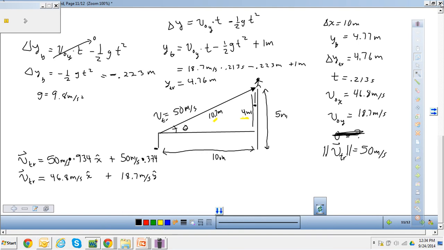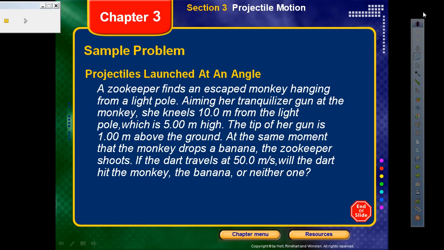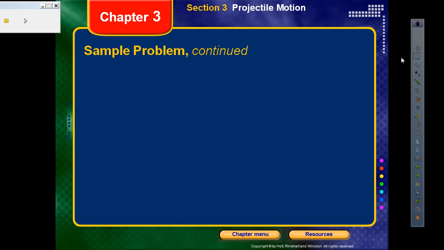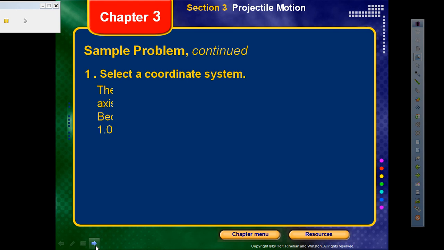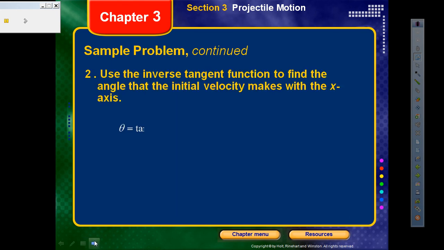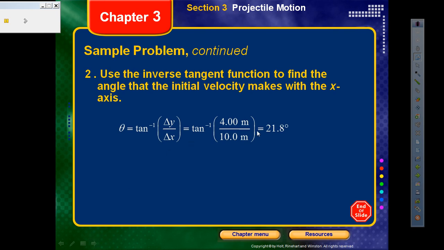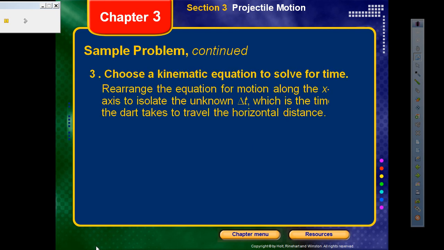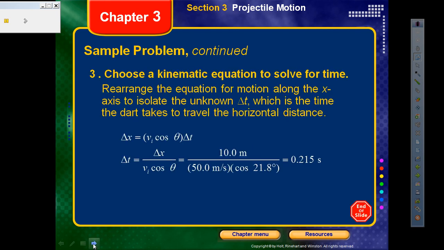So let's take a look at a video showing this. We're done with this. Well, let's just check our work before we go look at the video. Select the coordinate system. Yeah, we did that. Find this. We actually did away with this, but you see what they would have done. Find the delta t.